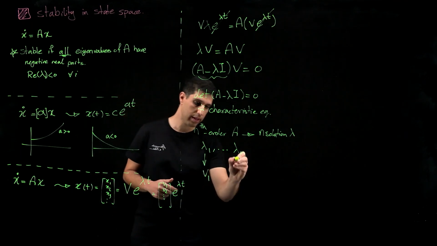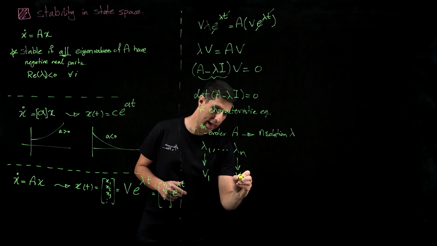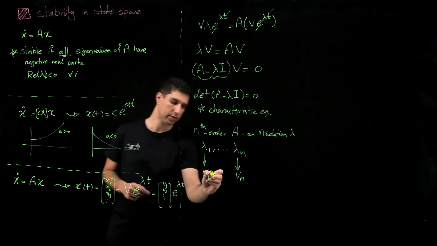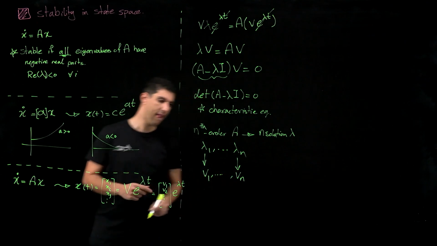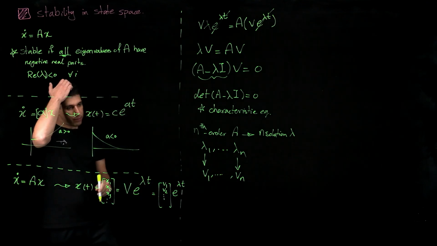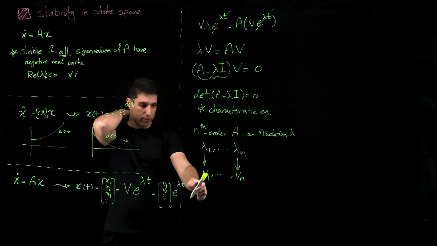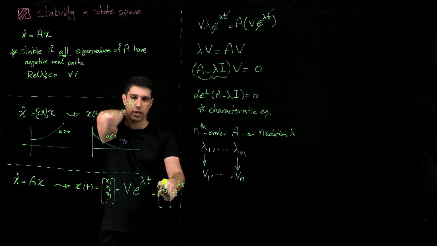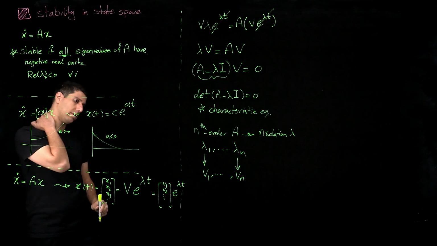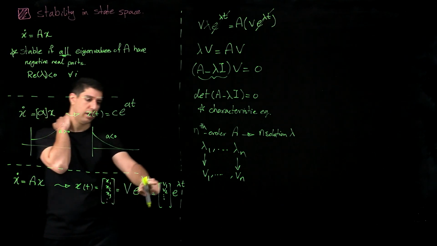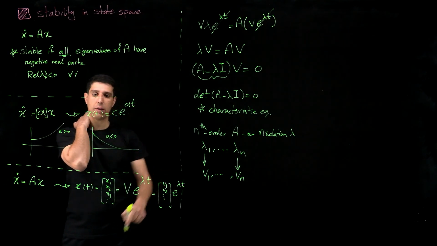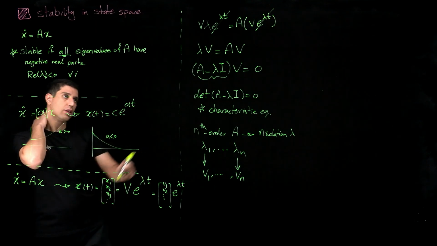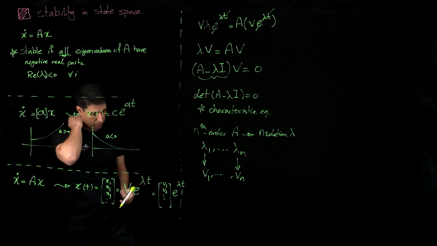So you'll have n eigenvectors. And for simplicity, for instance, for any of these v's, you can take the first element to be equal to 1 and calculate the rest using this system of equations.